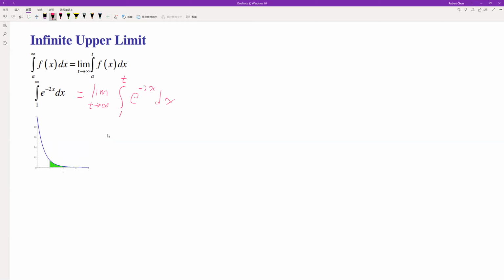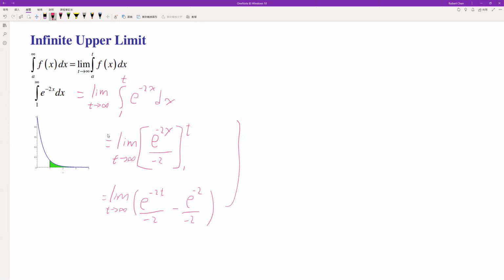All right, and then we can just integrate this. So keep the limit. And then I integrate that, that would be e to the -2x over -2, evaluating from 1 to t, which gives us a limit of e to the -2t over negative 2 minus e to the negative 2 over negative 2, like this.